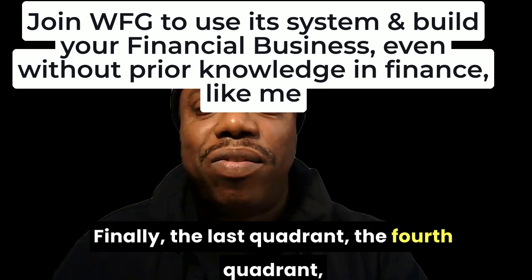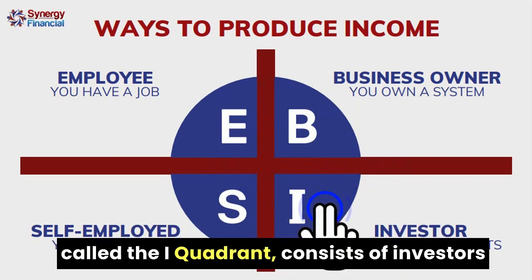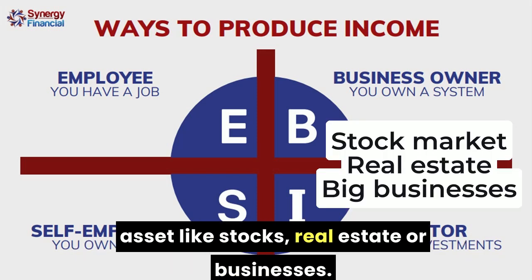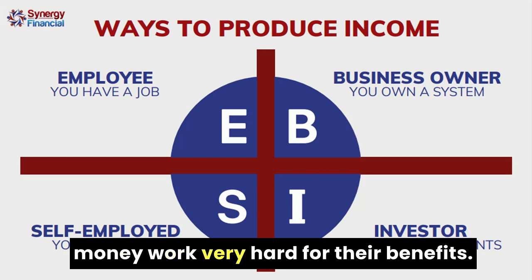Finally, the last quadrant, the fourth quadrant, called the I quadrant, consists of investors who earn passive income by investing in assets like stocks, real estate, or businesses. The investors find a way to make their money work very hard for their benefit.